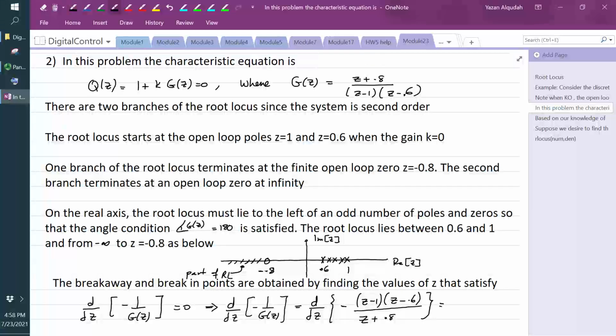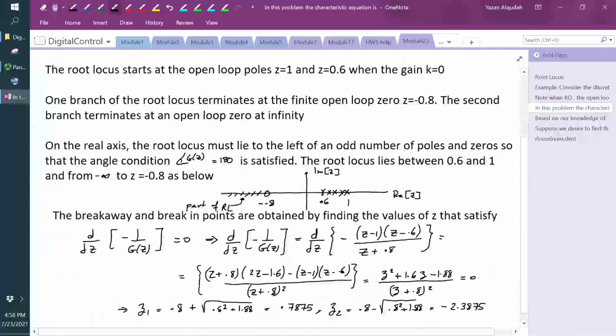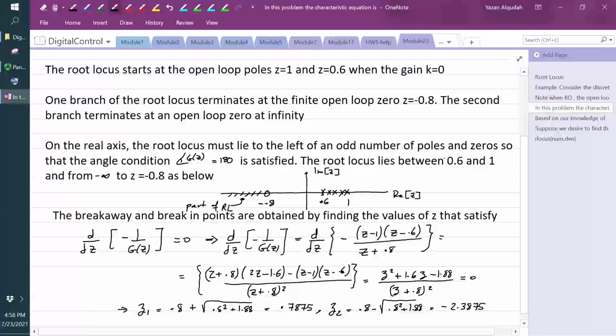Also, we know that on the real axis, the root locus lies to the left of an odd number of poles and zeros. So if I plot the open loop poles and zeros, I have a pole at 1, a pole at 0.6, and a zero at negative 0.8.